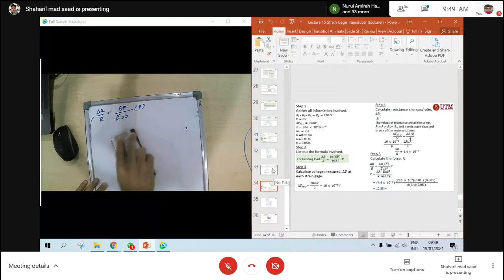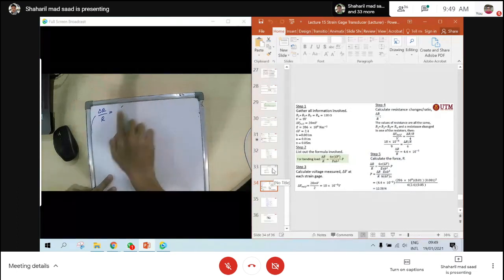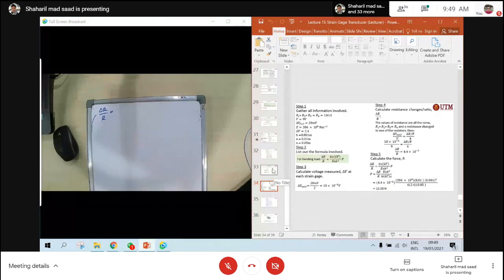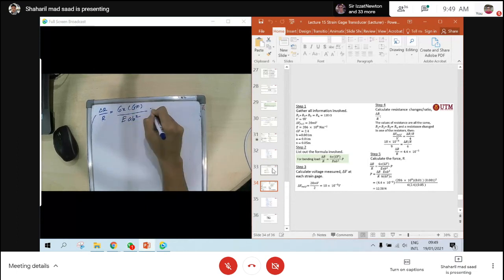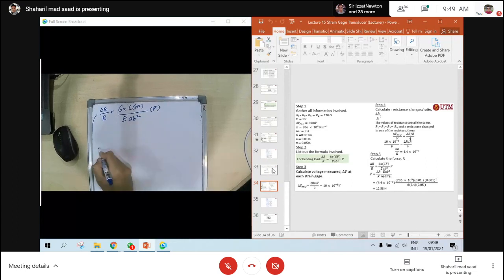So we can draw it again. The formula for the bending load cell is equal to 6x times your GF, divided by E A B squared, times your P. So the relationship is quite important.